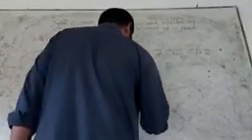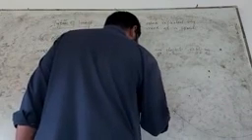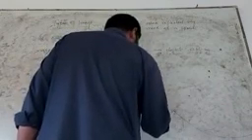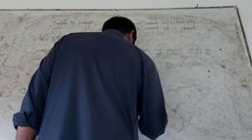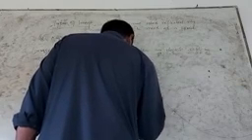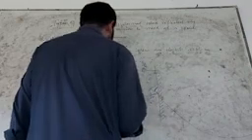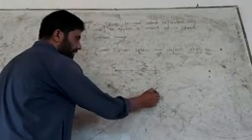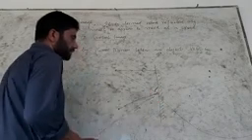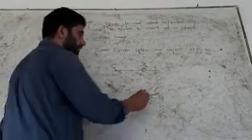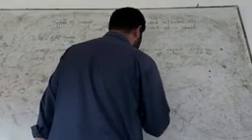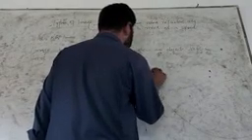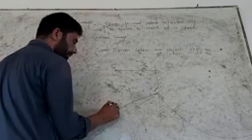So we can say the reflected ray of this ray and the reflected ray of this ray will not meet with each other when we produce them further.